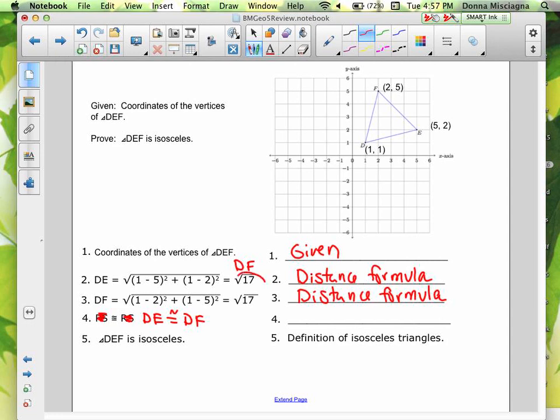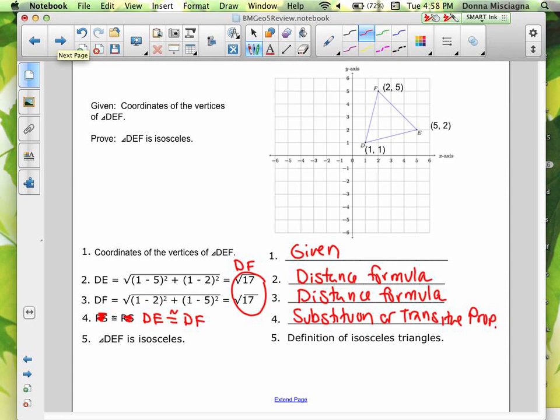Or, since they're both equal to the same thing, they're equal to one another. So you have two choices for justification here. You can either use substitution, and then you're just replacing the square root of 17 with DF, or you can use the transitive property because they're both equal to the same thing.